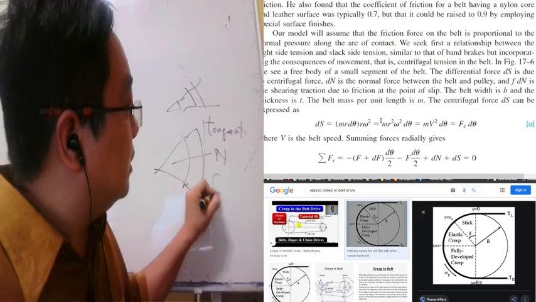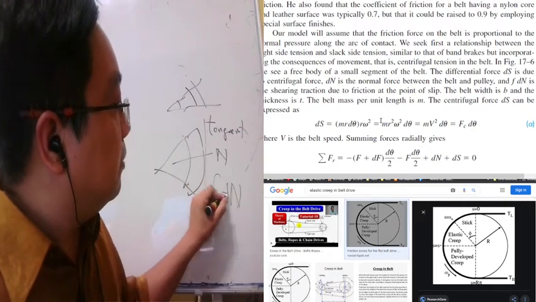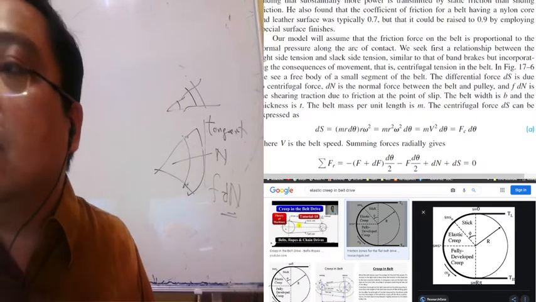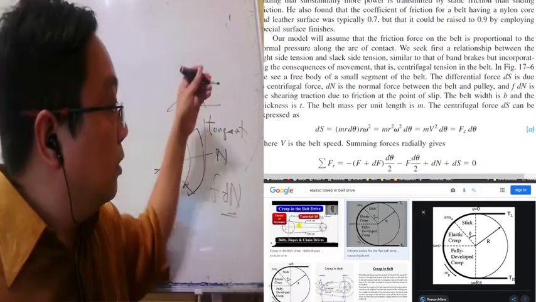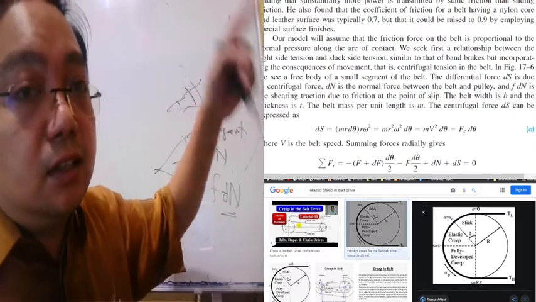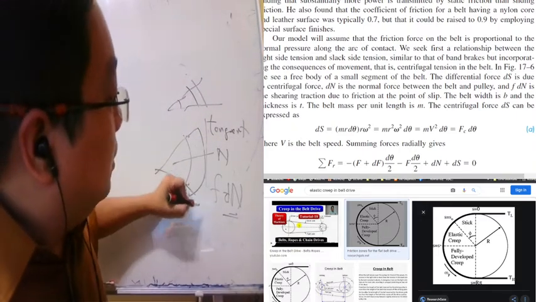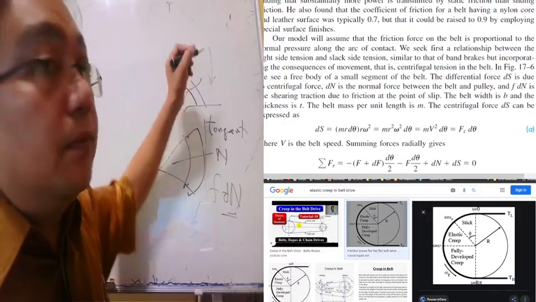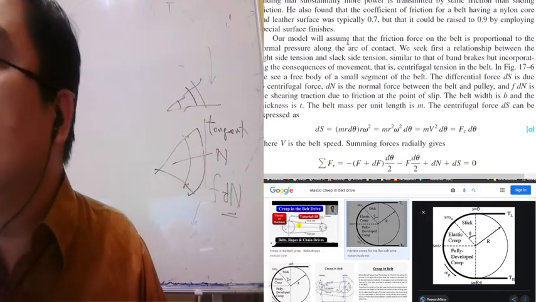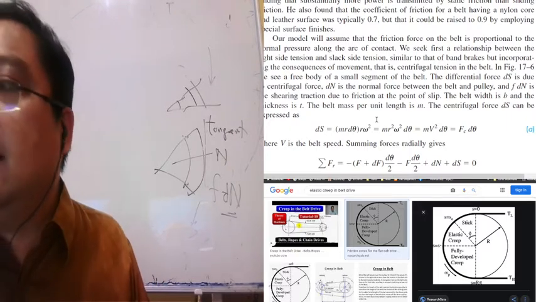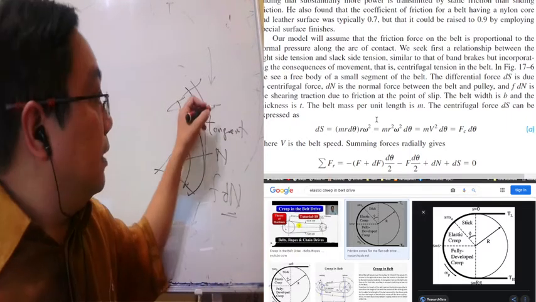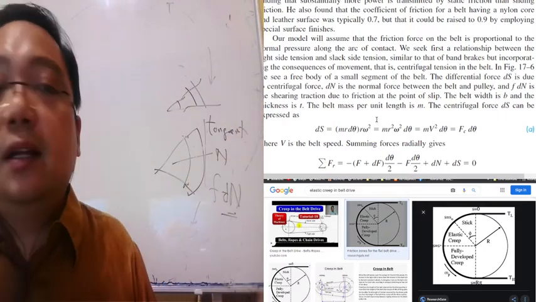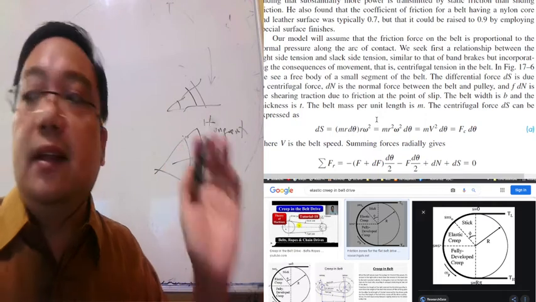That is called friction dN, because this is the differential equation dN, and the force acting, because it is a centrifugal force, is at below. The force goes below and up. So this is the ds in the range of the movement of the belt.